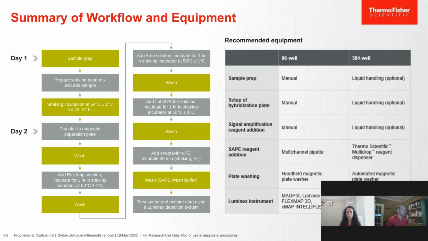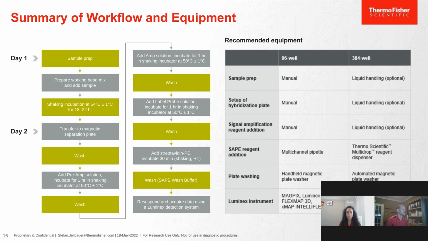You will see that in the 384-well format, it's definitely recommended that you use equipment for the different steps, be it for liquid handling or for dispensing, and then definitely for magnetic plate washing. And then you have your instruments listed on the bottom right-hand side that are able to measure either the 96-well plate format or the 384-well plate format.